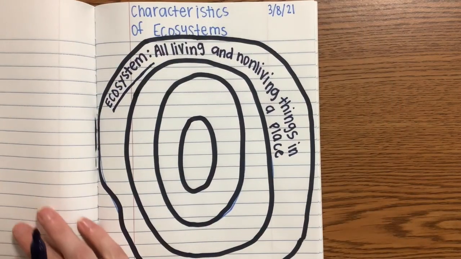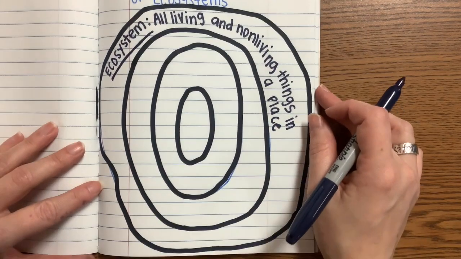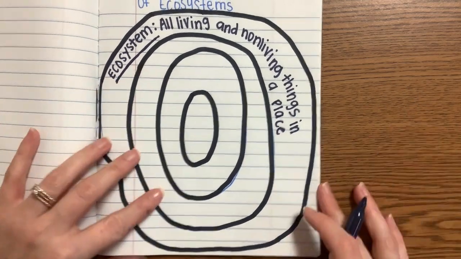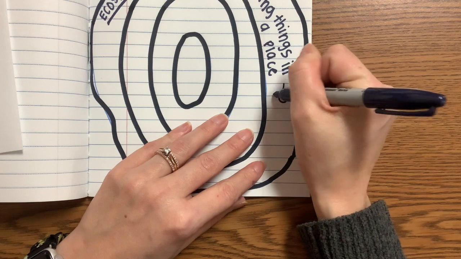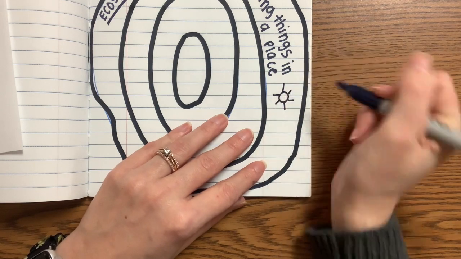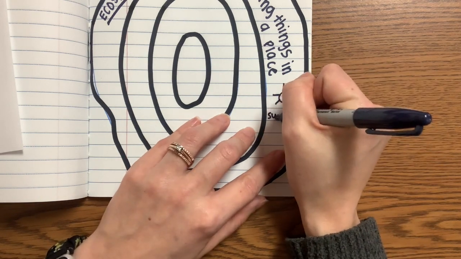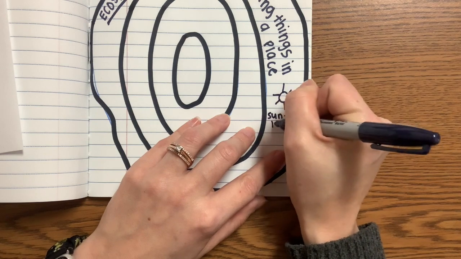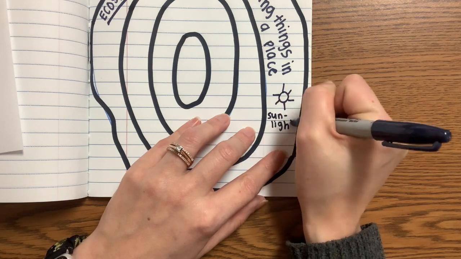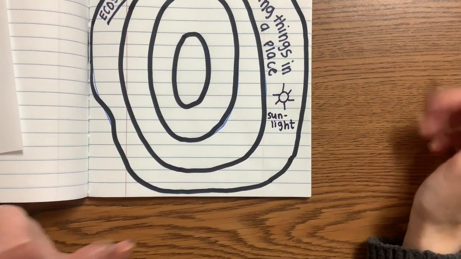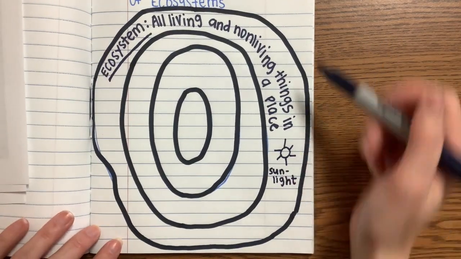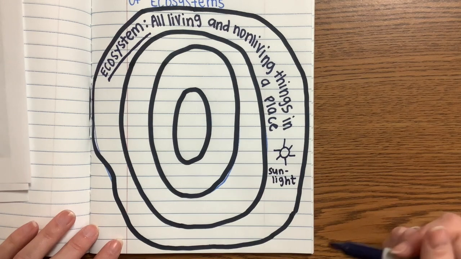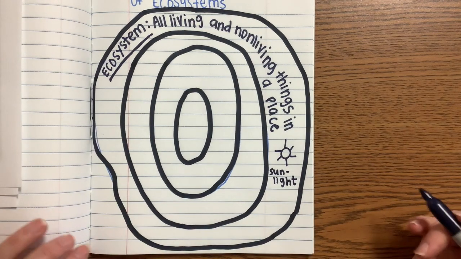So we're going to write examples of all of these things that are part of the ecosystem. So copy what I write, please. I'm going to draw a picture of a sun, and I'm going to write sunlight. We're probably going to fill up this whole circle, so try to write small. So sunlight is a non-living thing in a place, in an ecosystem.